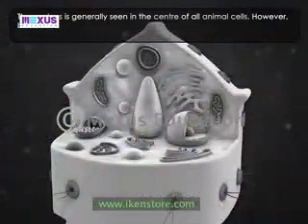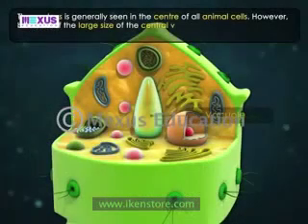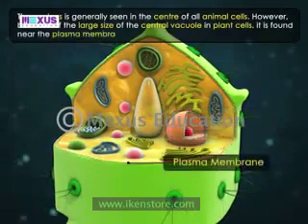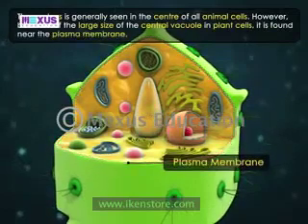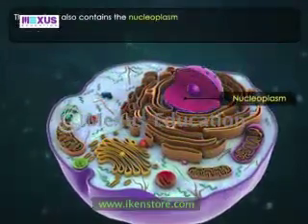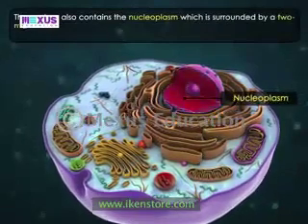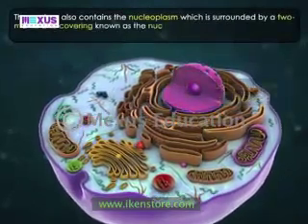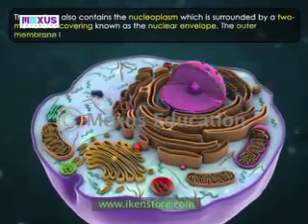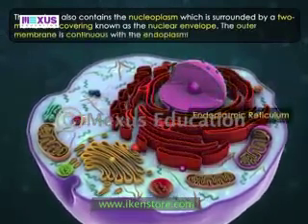However, because of the large size of the central vacuole in plant cells, it is found near the plasma membrane. The nucleus also contains the nucleoplasm, which is surrounded by two membrane coverings known as the nuclear envelope. The outer membrane is continuous with the endoplasmic reticulum.